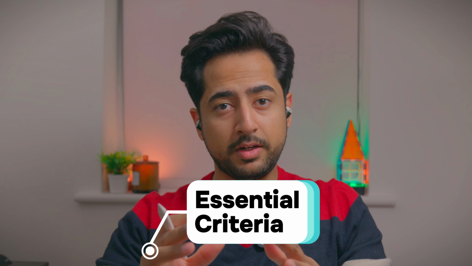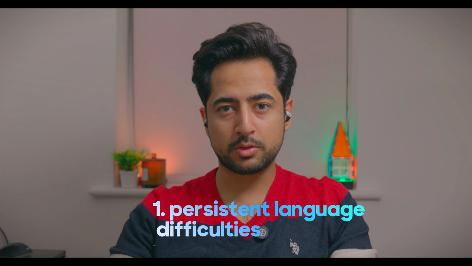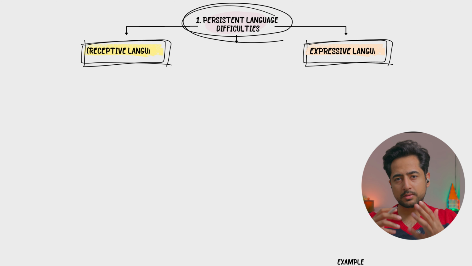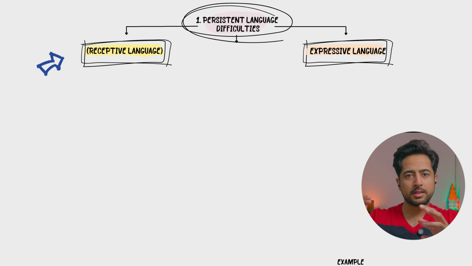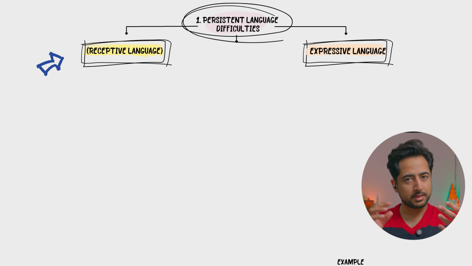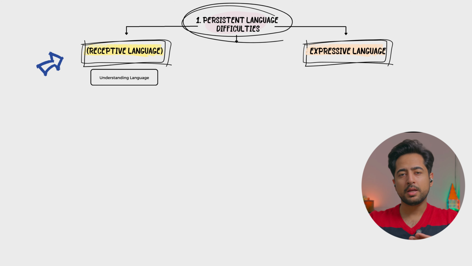Let's break down the key features that define DLD, that is Developmental Language Disorder. Number one is persistent language difficulties, which can be divided into two parts, receptive and expressive. Receptive is when children struggle to understand what is being said to them. There is no problem with hearing, it's more about processing what's been said to them.